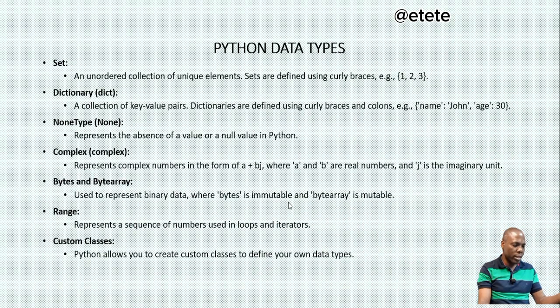We are still going to understand the concept of mutable and immutable, meaning you can change the data that is already assigned or you cannot change. Range represents a sequence of numbers used in loops and iterators. Custom classes. Python allows you to create custom classes to define your own data types.